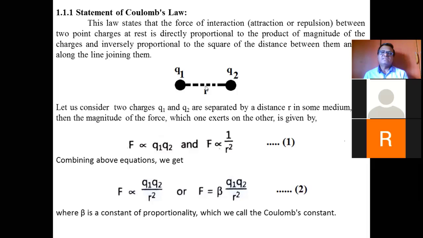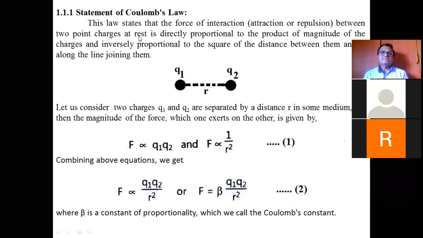In this case, the separation is r, and if the dimension or diameter of the charge is very, very small as compared to the separation r, then such charges are called point charges. Coulomb's law is related with point charges at rest.